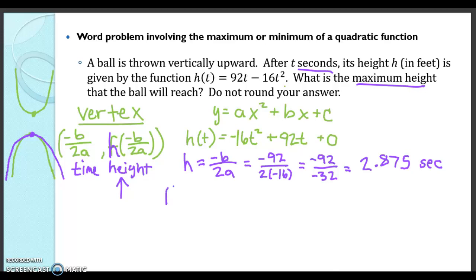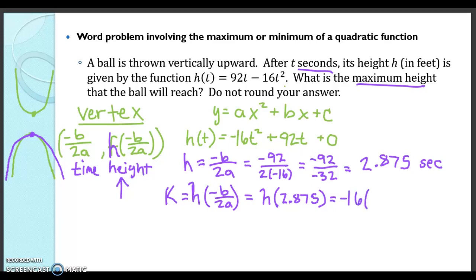Let's find k. So that's going to be h of negative b over 2a. And now this is our function h. So that's h of 2.875 seconds, or t. So we just plug that in.